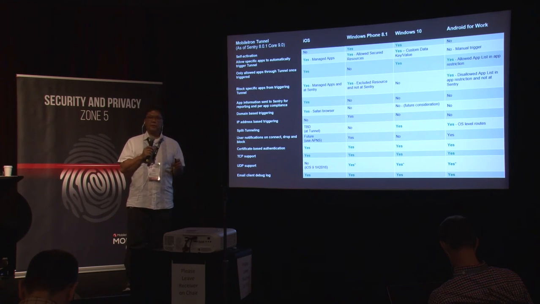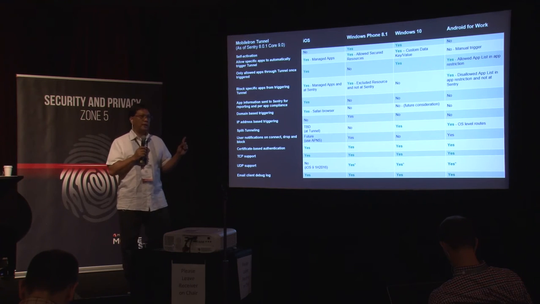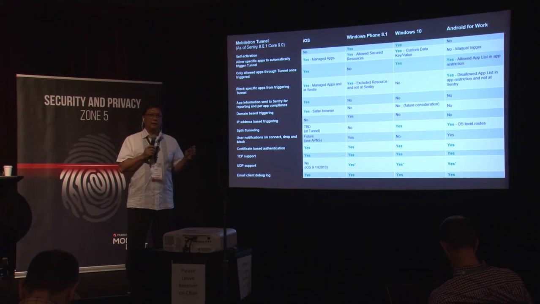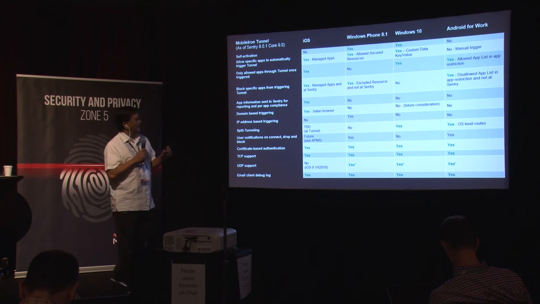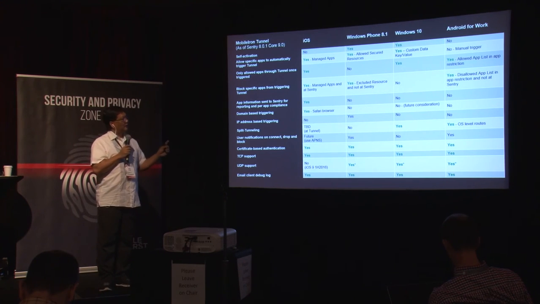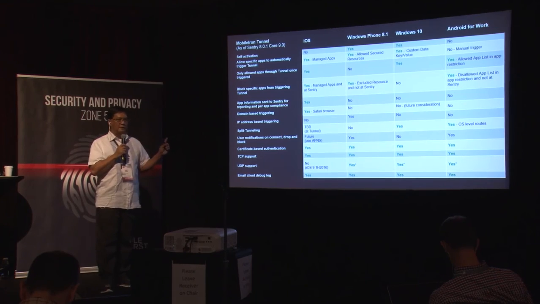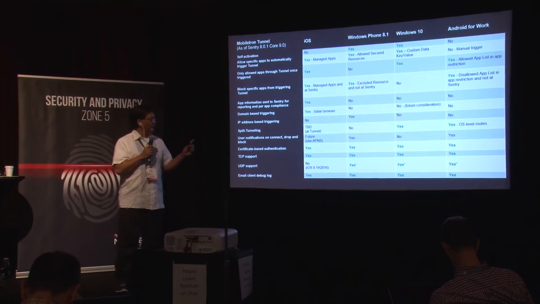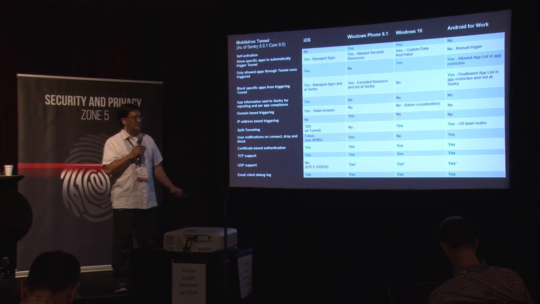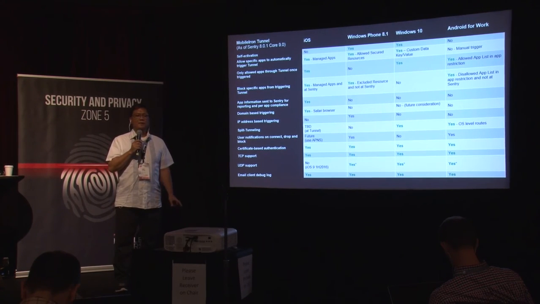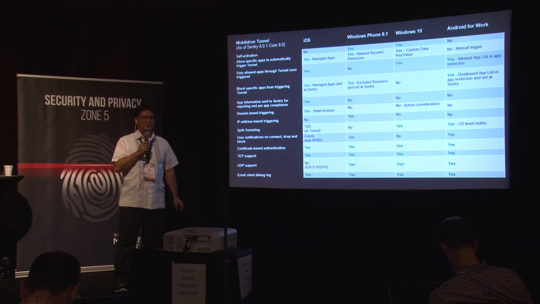IP based triggering is coming, and at some point, domain based triggering will be supported also. And the key takeaway again is that there are differences, but there are also very similar capabilities across all these different tunneling technologies, and the look and feel is very similar amongst all of these MobileIron Tunnel VPN technologies.